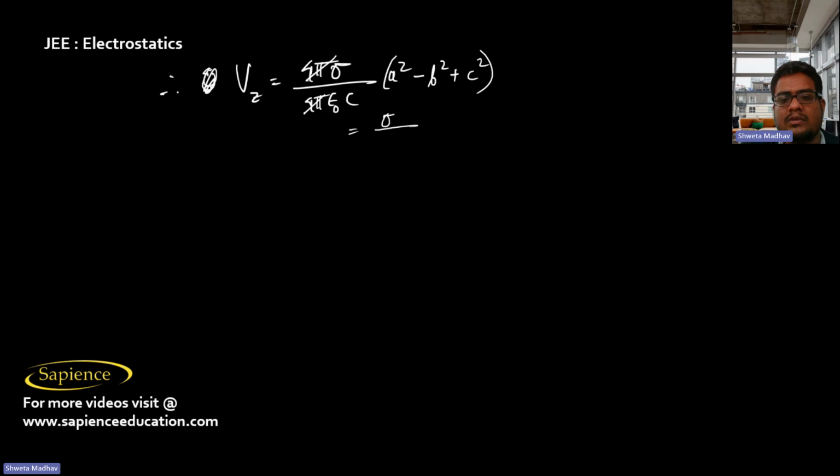It will be sigma by epsilon naught into A square by C minus B square by C plus C.